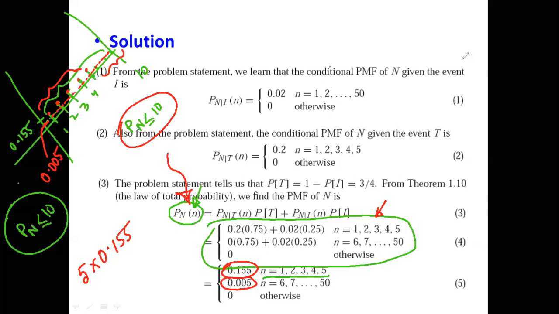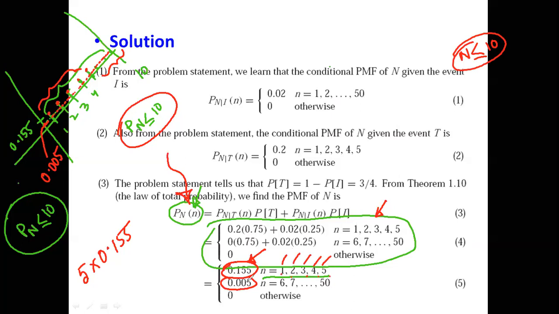Actually they are talking about n less than or equal to 10, not 10 times. Five times. This is starting from 6, so 5 times: 6, 7, 8, 9, 10. Do you agree? I'm telling it again. This 0.155 was for 5 times because for 1, 2, 3, 4, 5.